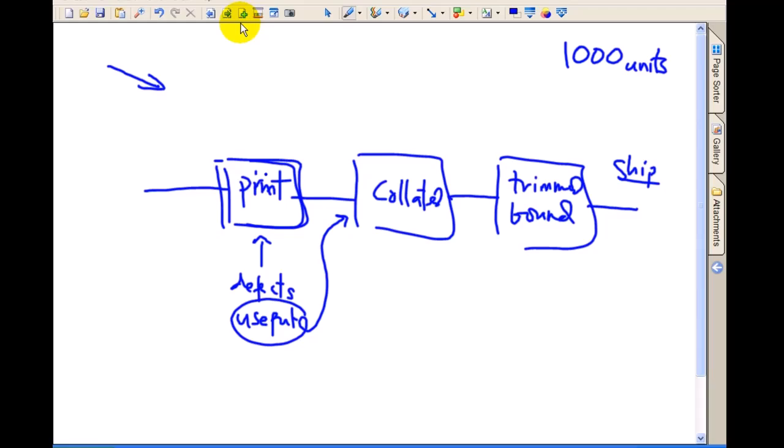Some of these will be scraps or defective, some will be useful. Only this useful part will go to the next stage.